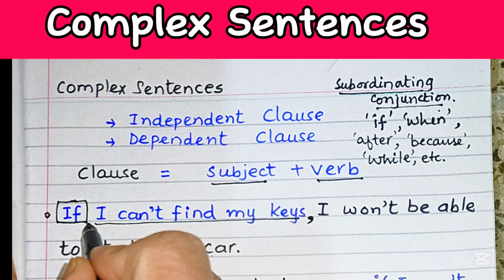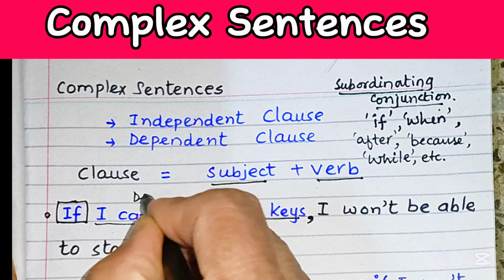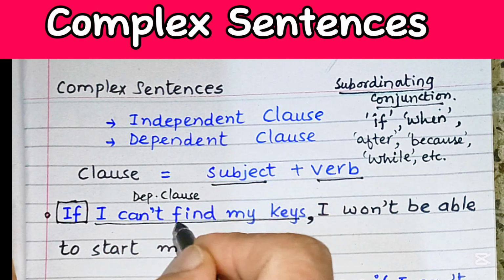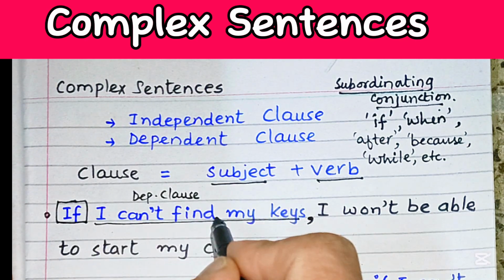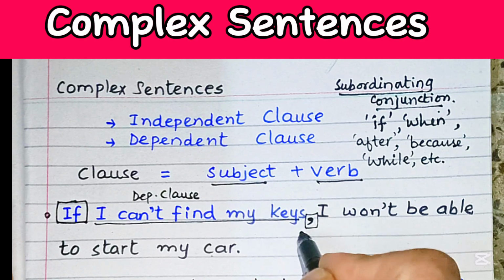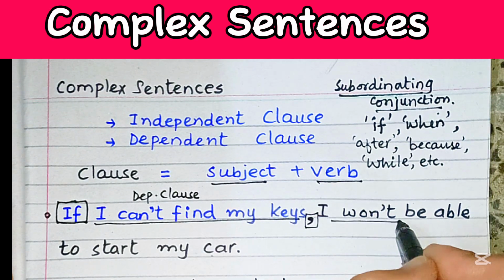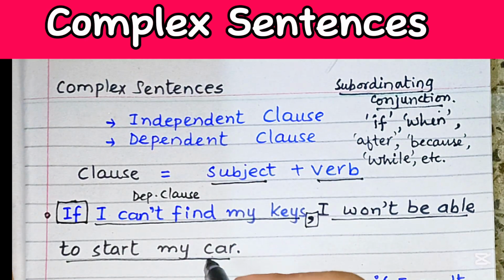We call it the if clause, or it may be called the dependent clause. This is the dependent clause, and there is a comma over here, and this is the independent clause: I won't be able to start my car.